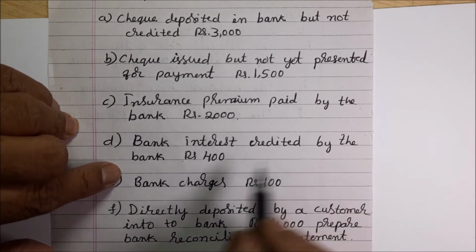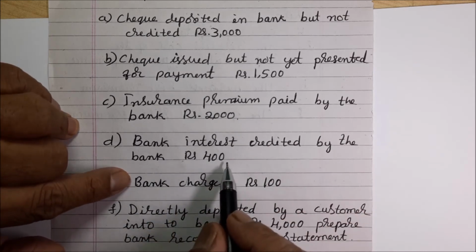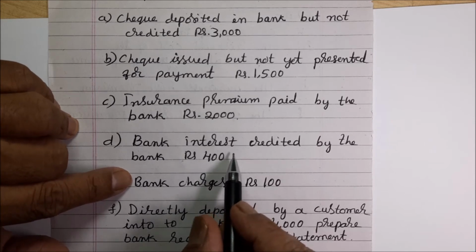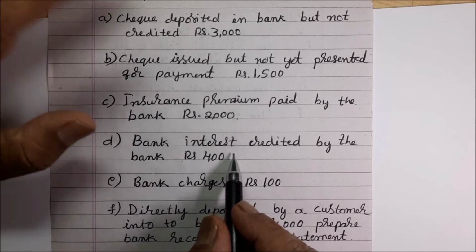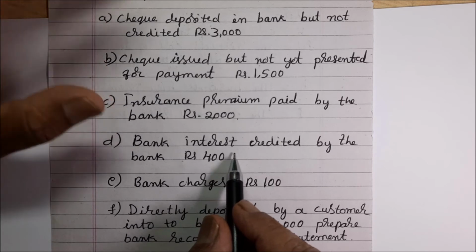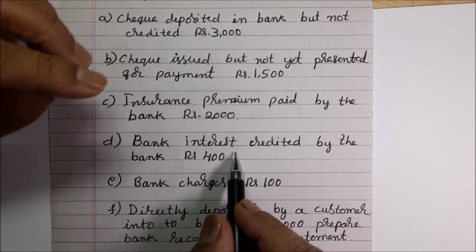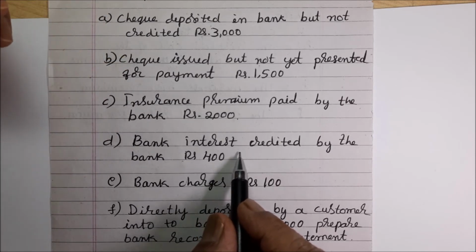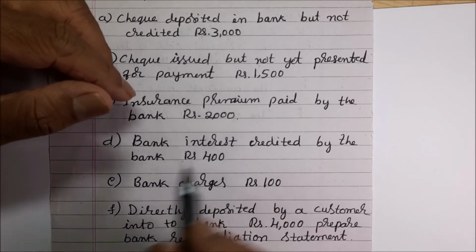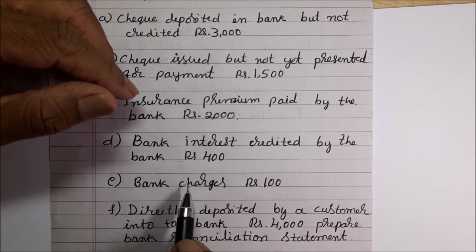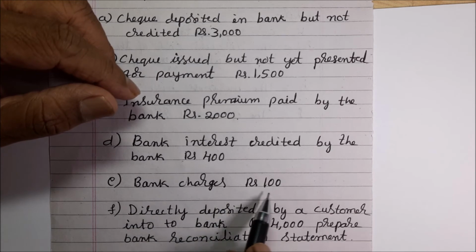Bank interest credited by the bank, rupees 400. The bank automatically credits the interest 4 times a year, quarterly. So when you get interest, your balance in the passbook increases, but no entry has been made in the cash book. Then bank charges, rupees 100.